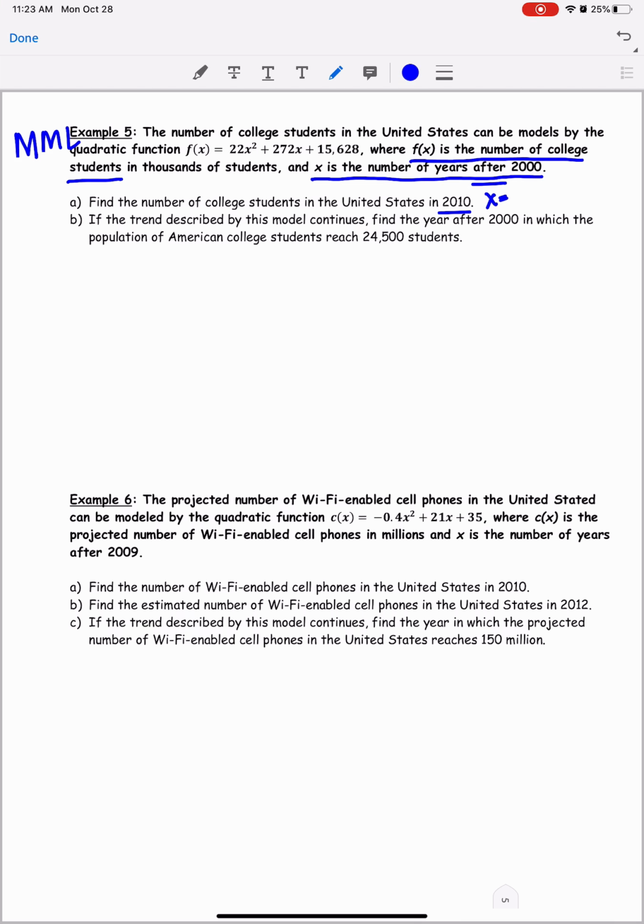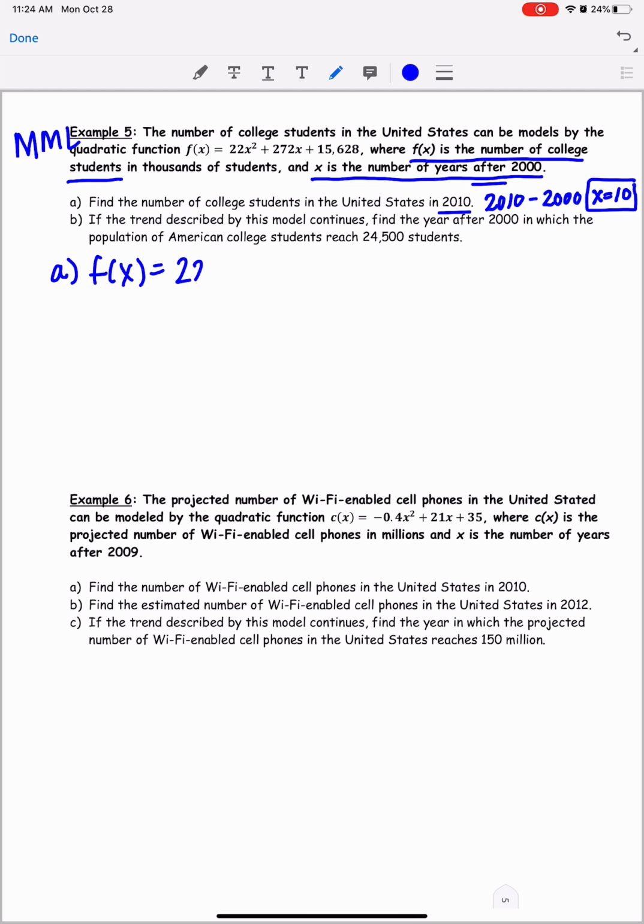And to find my x, since it's after 2000, we are doing 2010 minus 2000 to know that x here equals 10. So part A is extremely easy. You are just doing f of x equals, and you're plugging in 10 into both of these x's here.